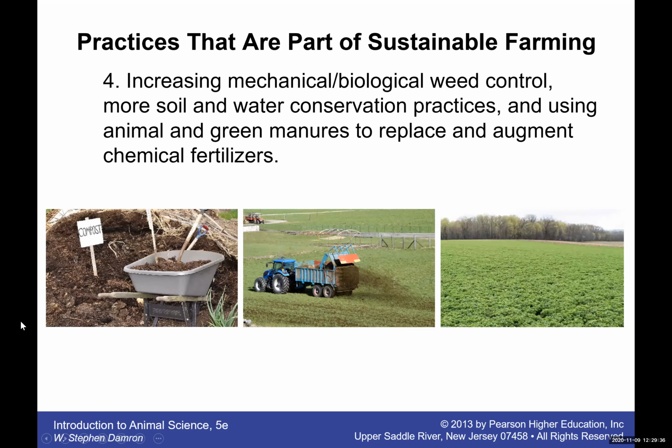Another one, what we can do is increase mechanical and biological weed control rather than using these chemicals and going out and dumping them on the soil, right? We can also use animal and green manures, and this replaces those chemical fertilizers like I had talked about. So this is composting, often done.